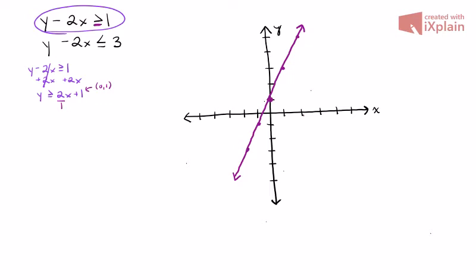The next thing that we want to note is we need to decide which way to shade. So I'm noticing that the origin is a point that is open to use. It's not existing on the purple line that we just drew. So I'm going to use that as my test.